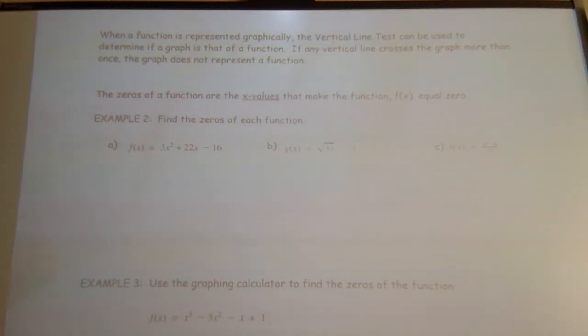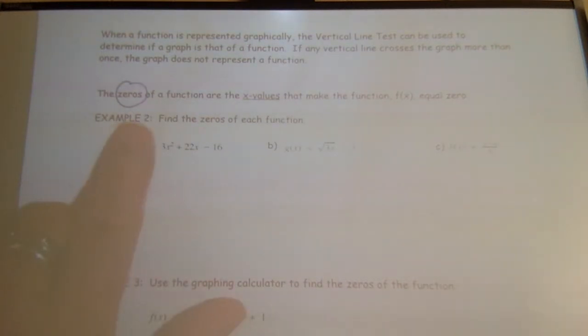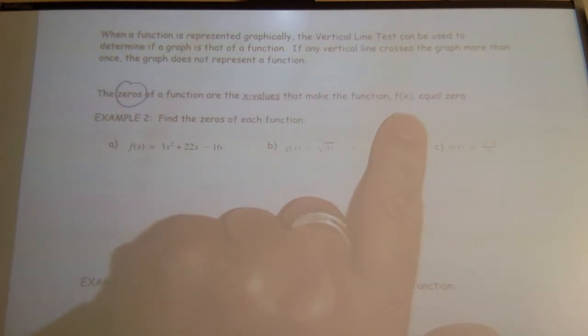And then the zeros of a function are the x values that make f of x equal to 0. Well, if f of x is 0, what's another name for zeros? If y is 0 and we solve for x, what are we finding? X-intercepts.